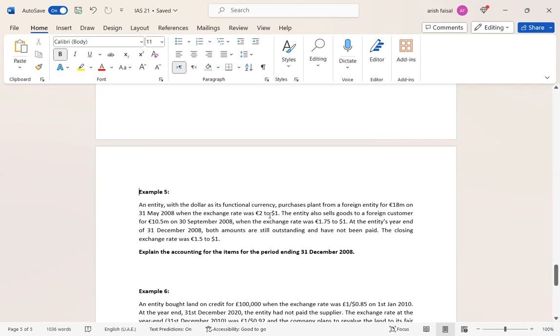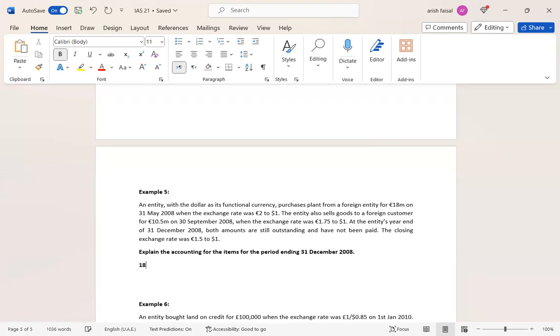Again, dollar is strong, so you need to divide, and it will become 9 million in dollars. Simple. 18 divided by 2, you get $9 million. So I'm going to debit plant with the amount of 9 million.